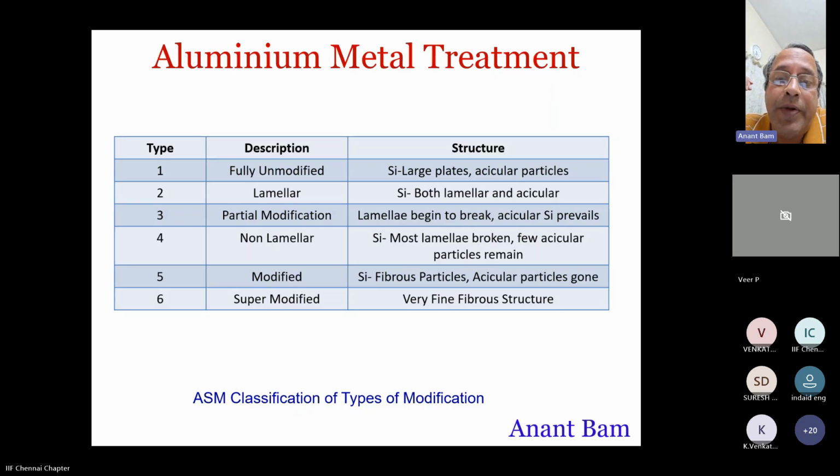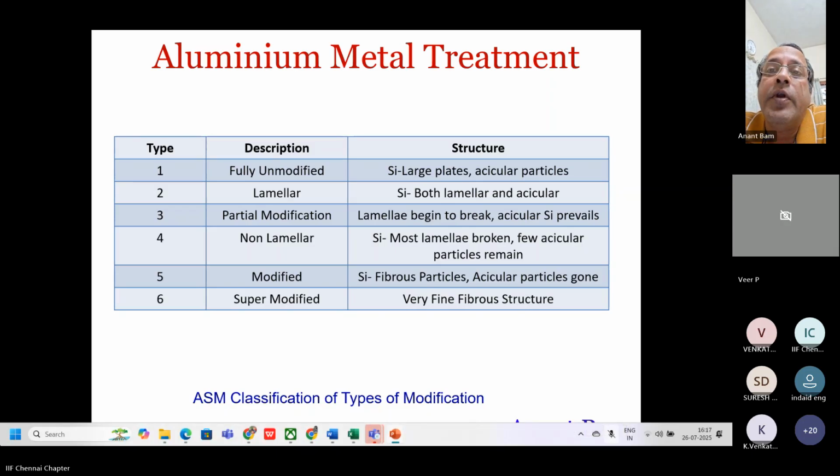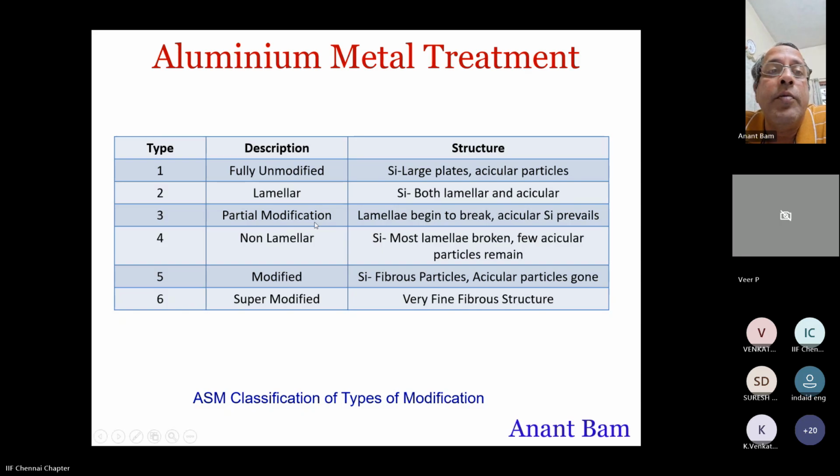A quick recap. Cleaning and degassing take care of homogeneity of the material. Grain refinement increases the strength, yield strength and UTS. And modification increases the elongation.